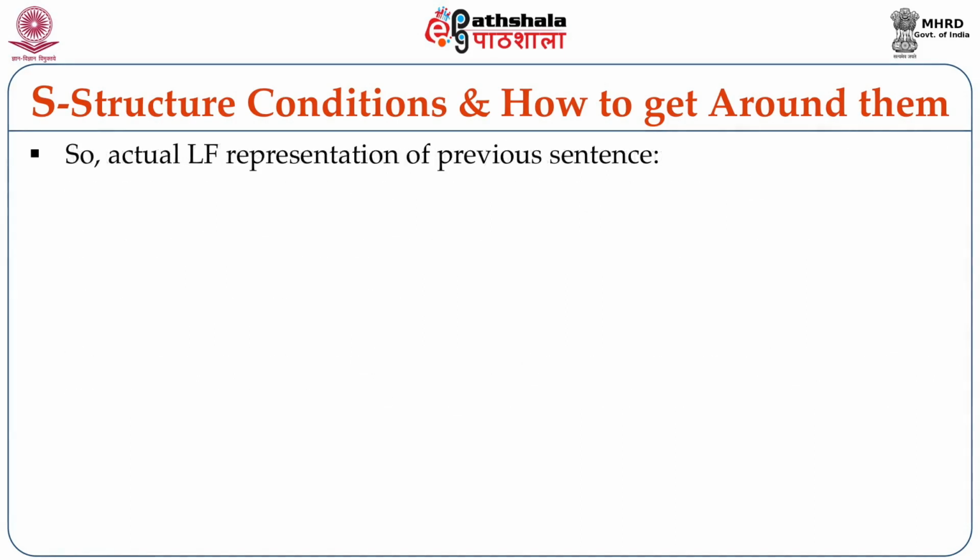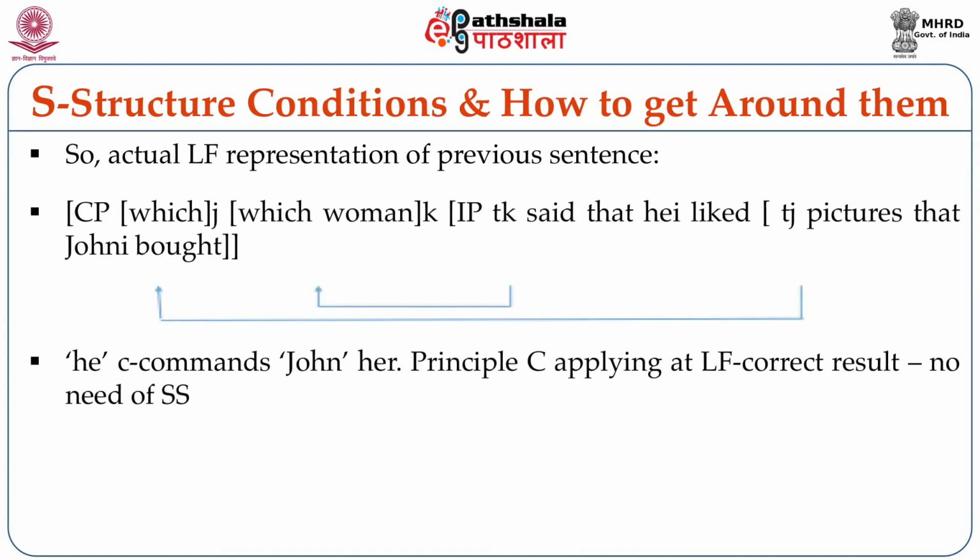So the actual LF representation of the previous sentence was not the one which we saw previously, but the one which is now on your screen, in which we have the order which woman said that he liked pictures that John bought. We start from co-indexes. He is now co-indexed with John and is higher up, so it is C-commanding the R-expression.